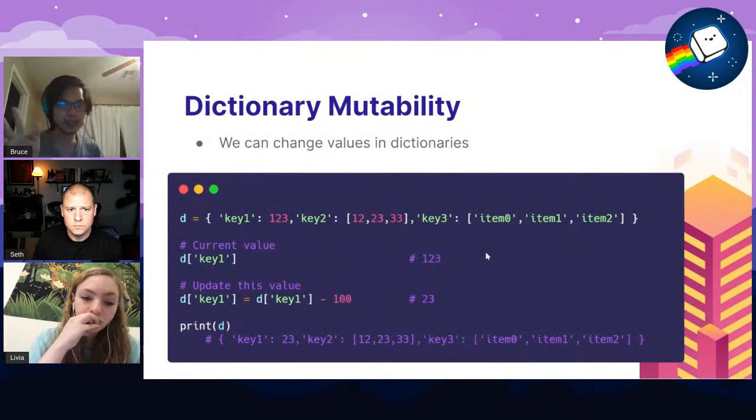Sure, fair enough. Great. So even if keys can't be mutable, dictionaries themselves are mutable, which is nice. We can go in and do whatever we want. The way that we do this is that we just index. It's pretty similar to lists, right? We index at whatever key we want, and then we set it to something else.